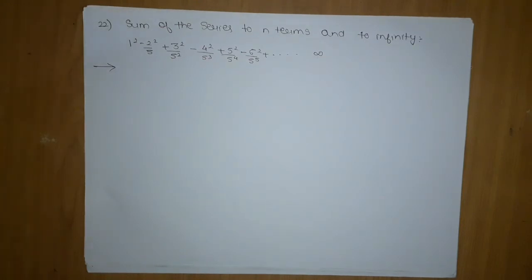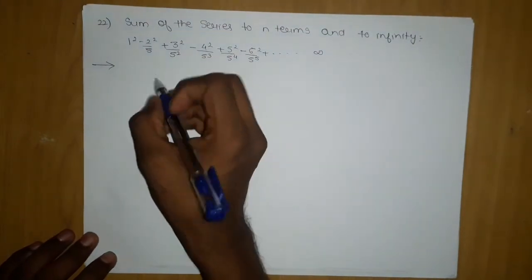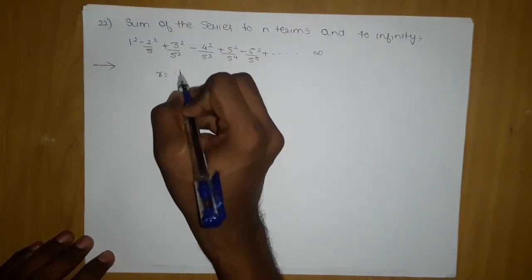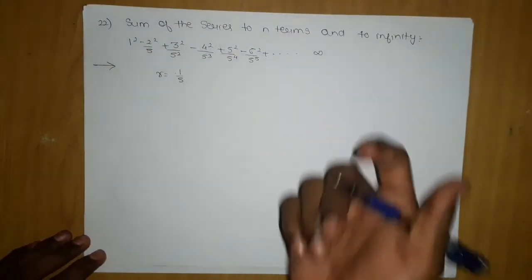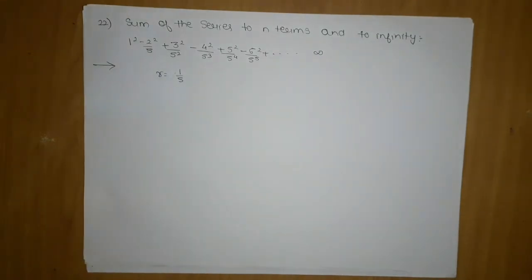One thing you can see here is that the common ratio is 1 by 5. You can also say it is minus 1 by 5, it doesn't matter, since it is tending to infinity. But if it was tending to n, you should have taken r equals minus 1 by 5.